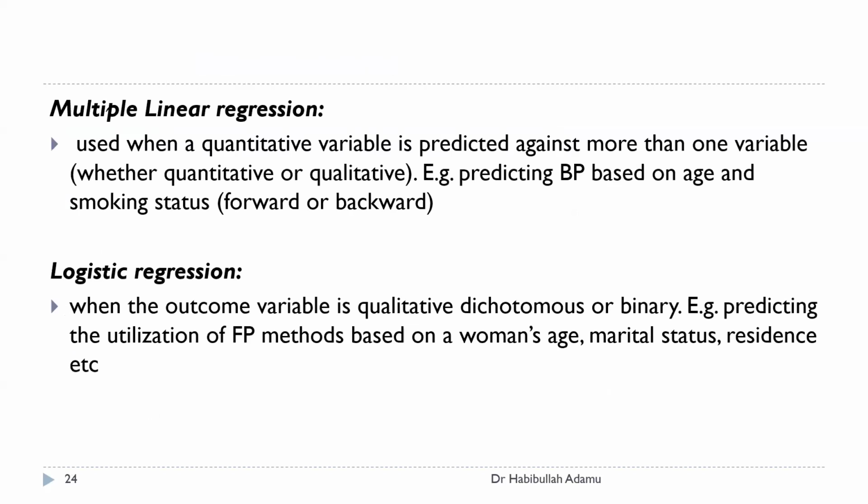Here, the first thing we should note is that the main determinant of the type of regression one needs to use is the nature of what? The dependent variable. It is the dependent variable that determines what type of regression you should use, whether it is simple, multiple, or logistic.